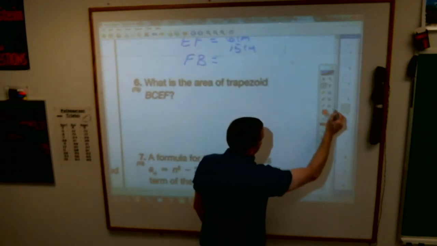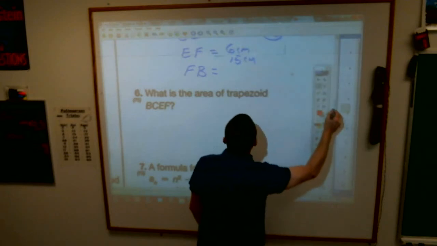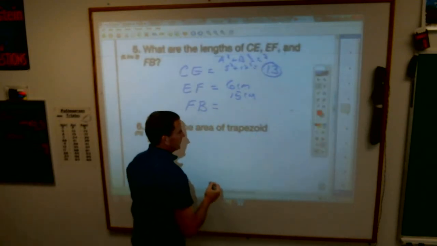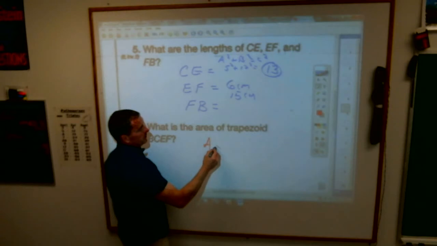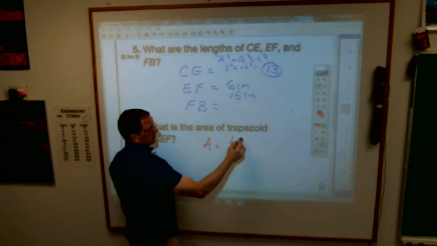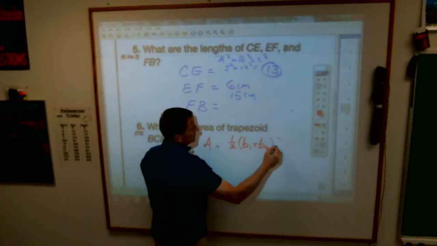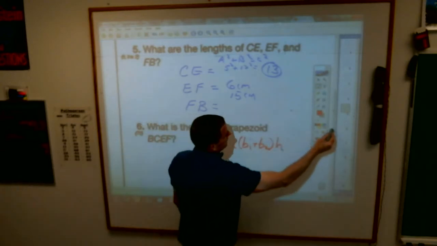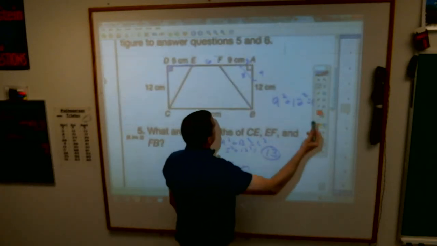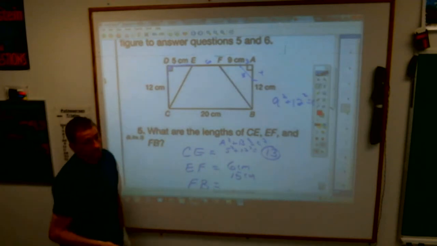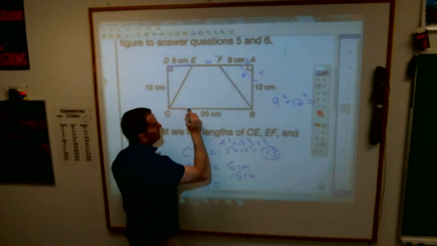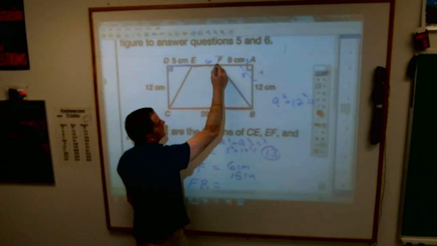Another thing for your notes is the formula for the area of a trapezoid, which happens to be: area of a trapezoid is 1/2 base sub 1 plus base sub 2 times the height of the shape. What are the bases? Doesn't matter which one you call which one, but the bases have to be the parallel lines.